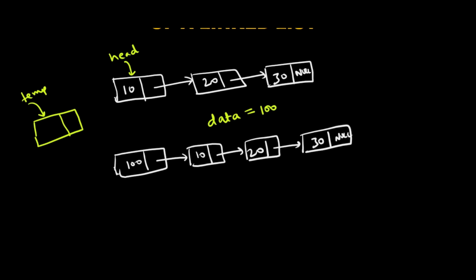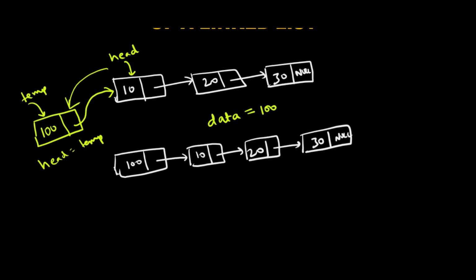Then we will change its data equal to the data given to us. So if it is 100, it will be 100. Next, we need to change temp's next equal to the head. And now we need to do head equals temp. So this head will now point here. Temp will also be pointing here, but now this head will point here.